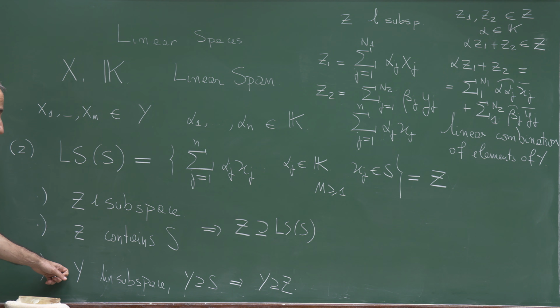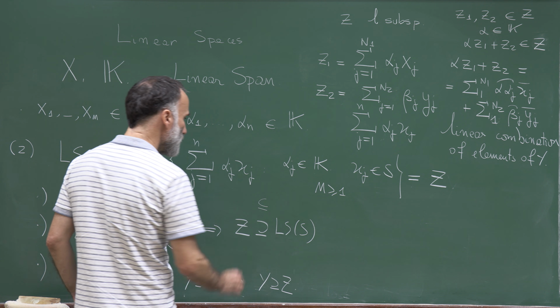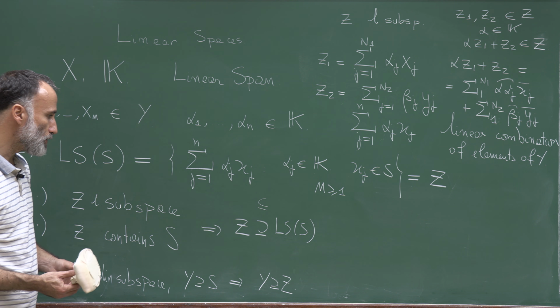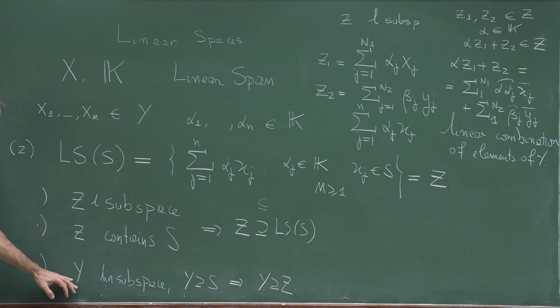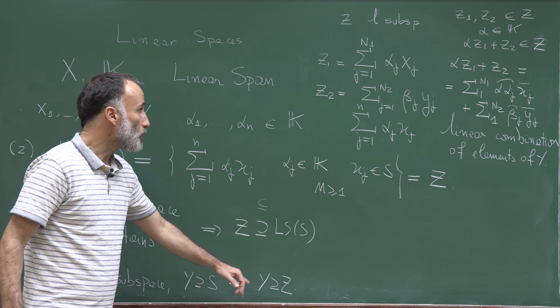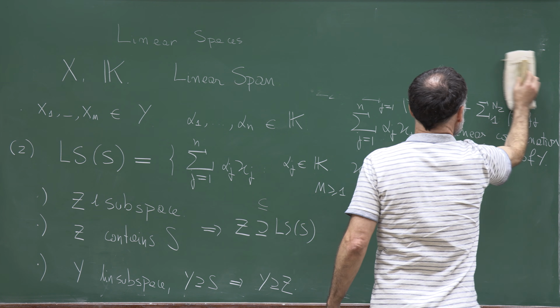Now I want to show the other inclusion, so I want to show that Z is included in the linear span, and to show that, what I have to show is that if Y is a linear subspace which contains S, then Y contains Z. So let's prove that. That's also very easy.